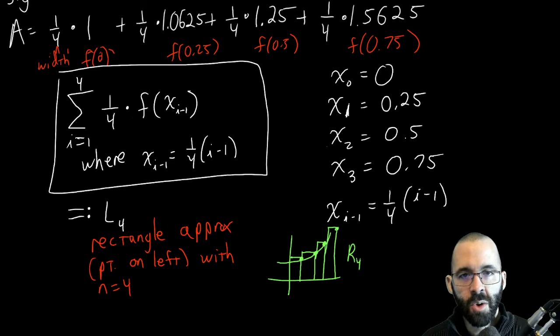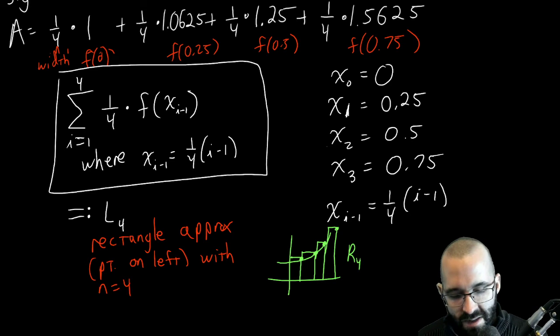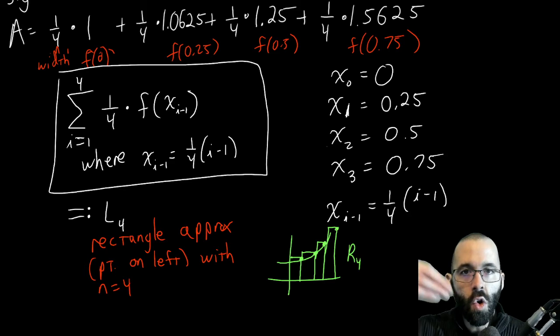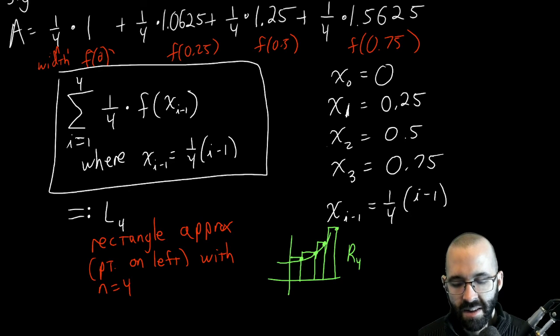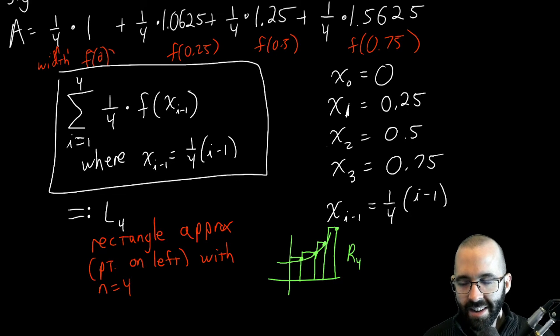We said L sub 4 was a little under. Do you think R sub 4 is going to be a little smaller as an approximation? No. R sub 4 is going to be bigger because look at this extra area. If we go from the right, we're going to have an over approximation of the area.